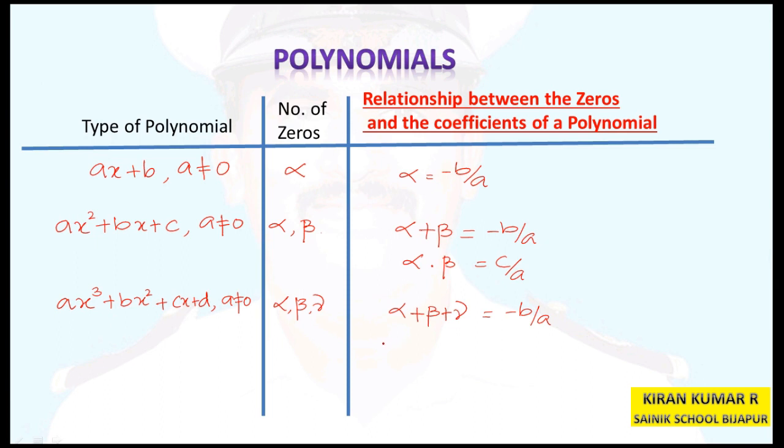Sum of the product of two zeros taken at a time, alpha beta plus beta gamma plus alpha gamma, is c by a, and the product of zeros alpha into beta into gamma is minus d by a.